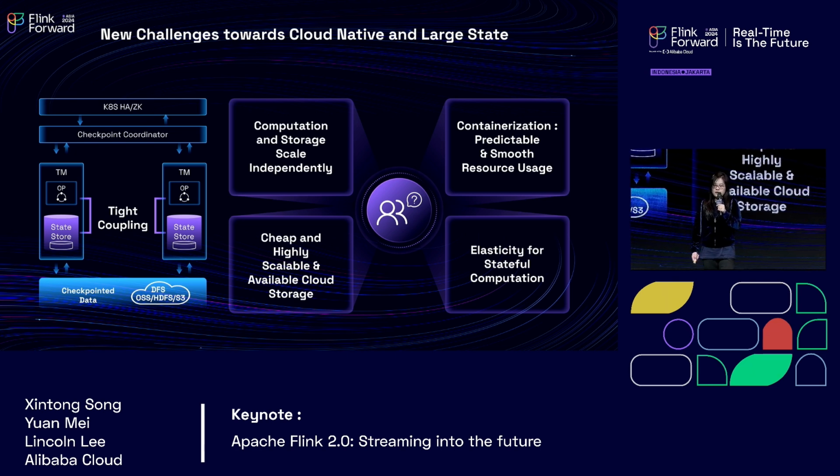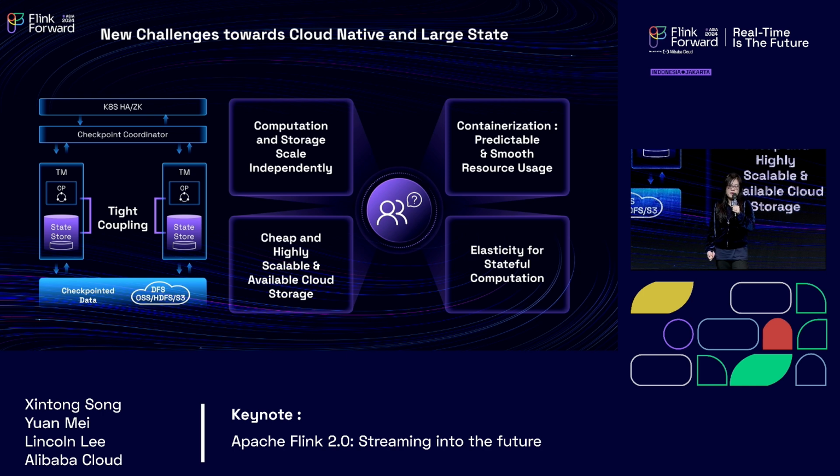The third is that cloud storage like S3 and OSS is now commonly used and available. How can we make use of such cheap and massive storage? It is highly available and scalable. With the improvement of hardware, network speed and bandwidth, is it possible to get rid of the local disk?